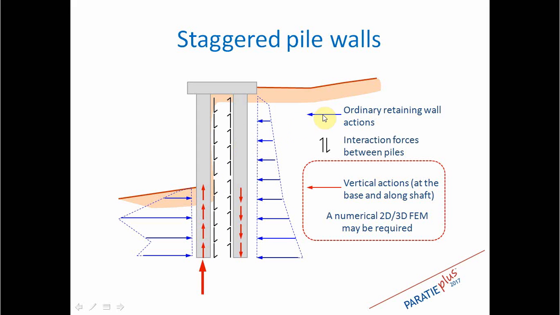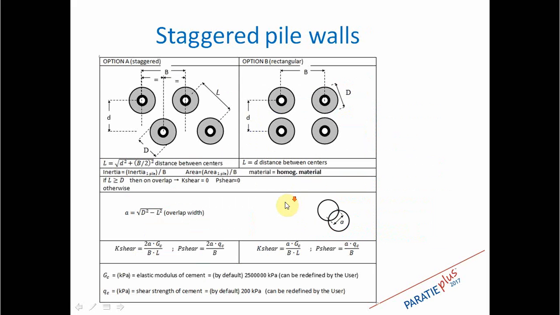While the blue and the black action can be somehow modeled and captured by a program like Paratie Plus, of course, if the behavior is also dictated by the vertical behavior of single piles as vertical piles, a more advanced numerical model is normally required.